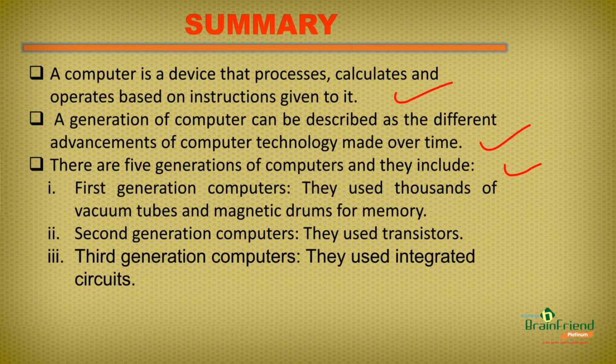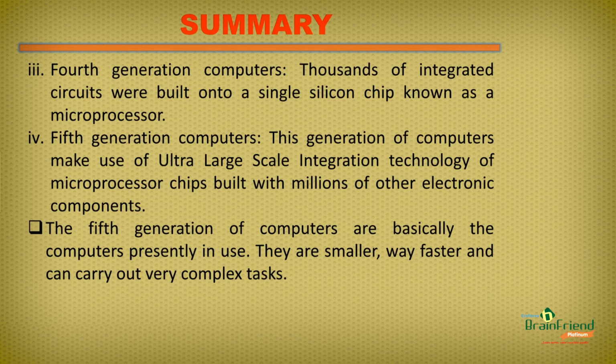They use thousands of vacuum tubes and magnetic drums for memory. The second generation of computers used transistors. Thirdly, the third generation of computers use integrated circuits. The fourth generation of computers, thousands of integrated circuits were built onto a single silicon chip known as microprocessor.